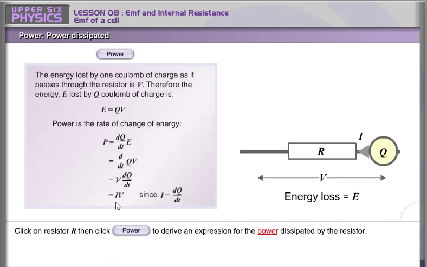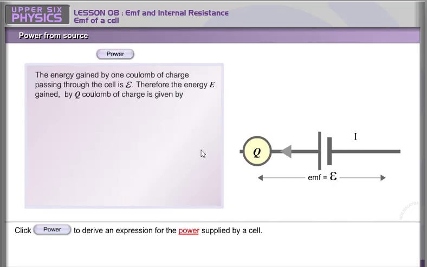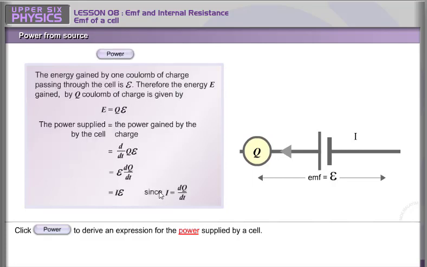P equals IV when you talk about power from other components, so we use V. But when you talk about power supplied by a cell, don't use V, you must use epsilon. Power equals I epsilon, because epsilon represents EMF. Any questions here?